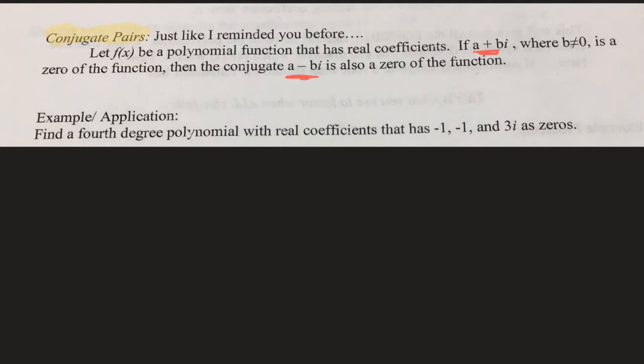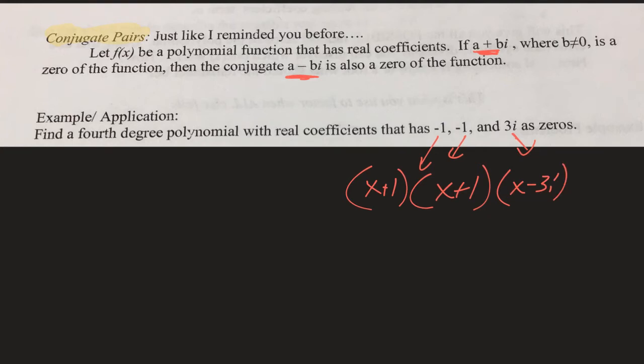So here's an example. I've got a fourth degree polynomial that has these roots, -1 twice and 3i. Well, wait a minute. Many of you math wizards will have noted, wait a minute, -1, that's x plus 1, and here's another x plus 1. Well, how do I get 4? I've got x minus 3i.